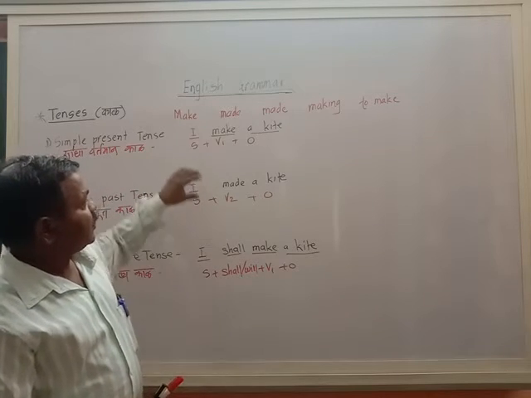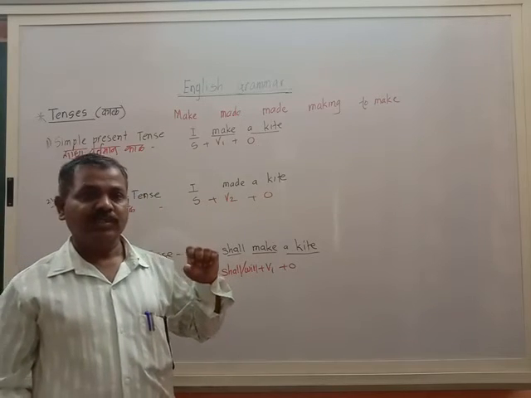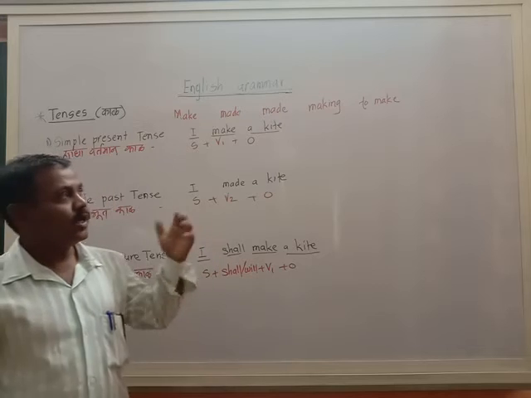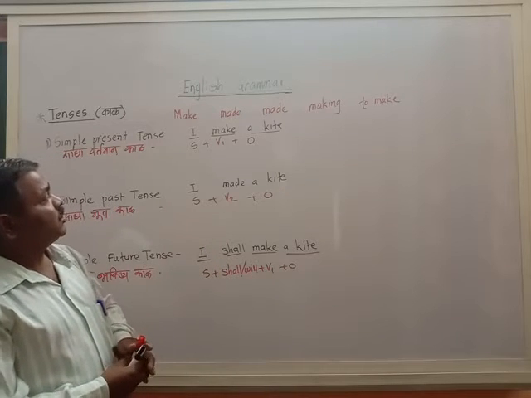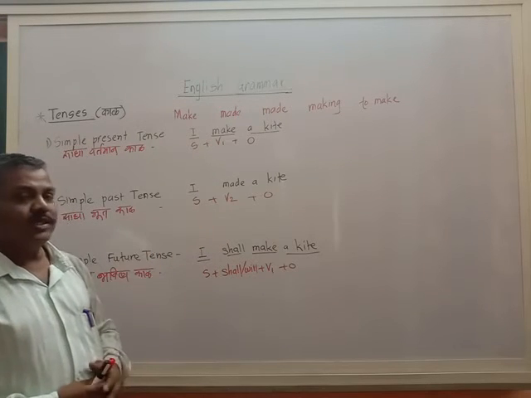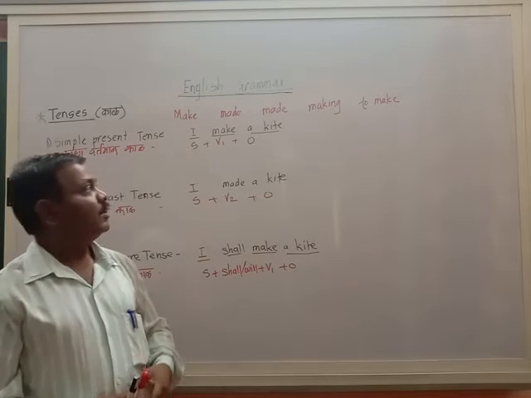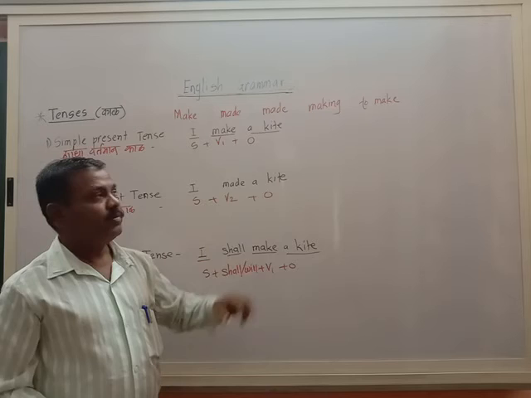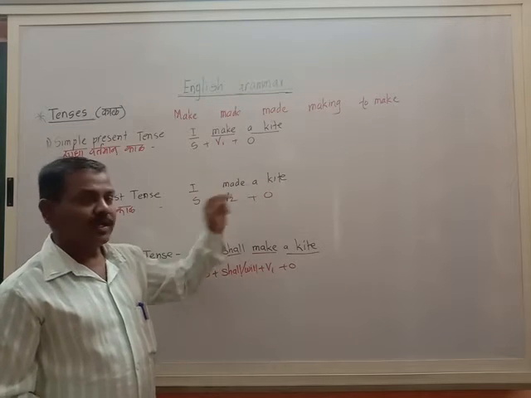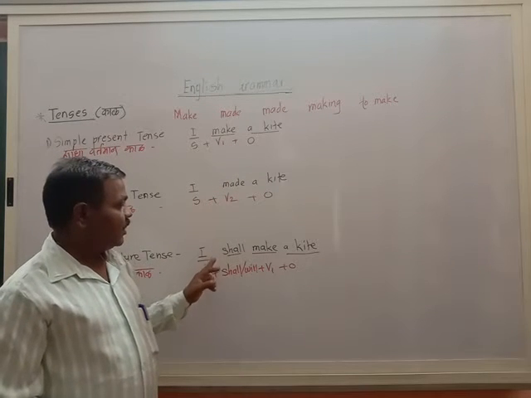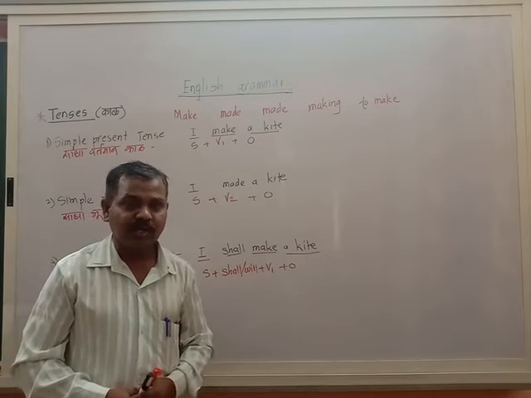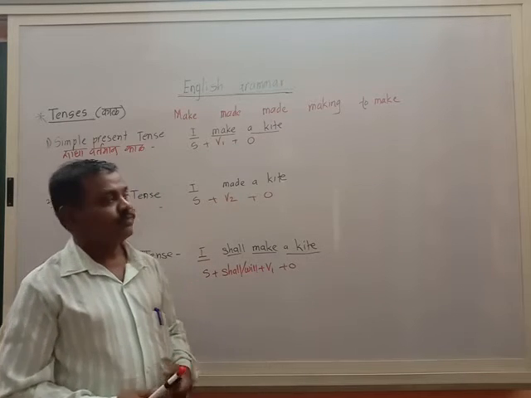Now I have left here space. Why? To tell you something more. All these sentences are positive, no negative is there. I make a kite, मी पतंग बनवतो. I made a kite, मी पतंग बनवला. I shall make a kite, मी पतंग बनवेन.